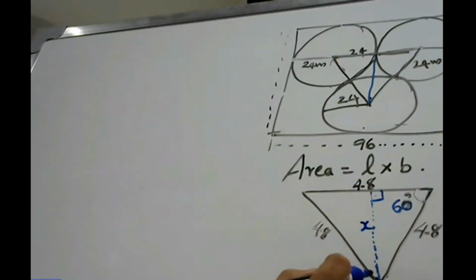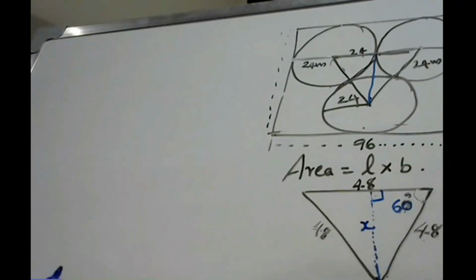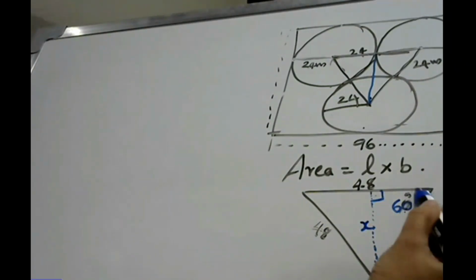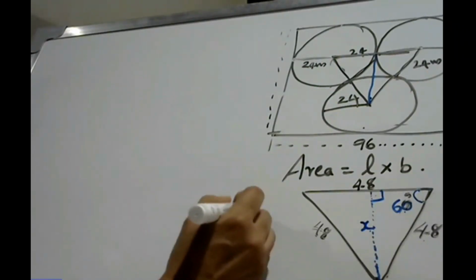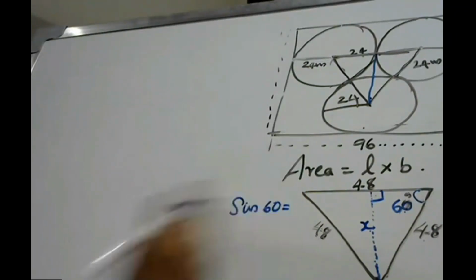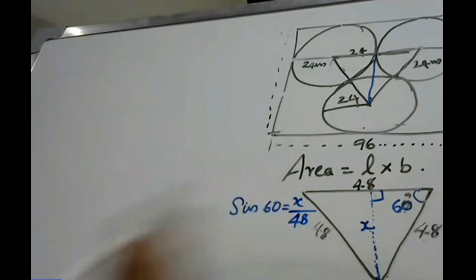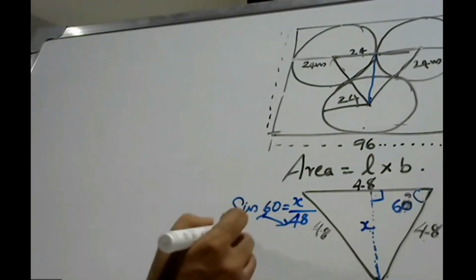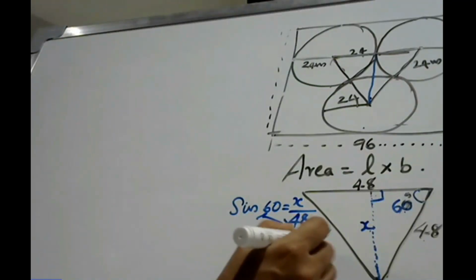If this length is x, and this is the hypotenuse, and this is angle 60, there is a trigonometric ratio connecting all this. If I consider this angle, x is the opposite side, and this is the hypotenuse. So I can take sine 60 equal to the opposite side x over the hypotenuse 48, from which x is equal to 48 times sine 60.